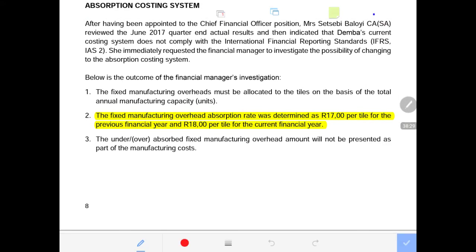The fixed manufacturing overhead absorption rate was determined at 17 Rand per tile for the previous financial year. Let us stop there, very important. Remember, this is fixed per unit from the previous year.